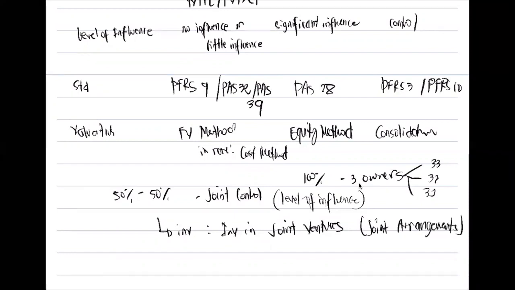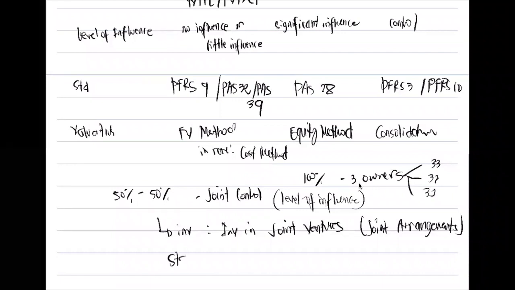So why is it known as joint arrangement or joint ventures? Because here there is already a contract which states a joint control over one entity. So you control the entity pursuant to that contract of joint control. Kaya joint arrangement. You arrange to jointly control one investee. So in that investment in joint ventures, remember the level of influence is joint control.